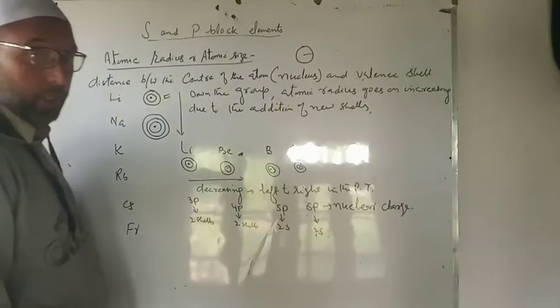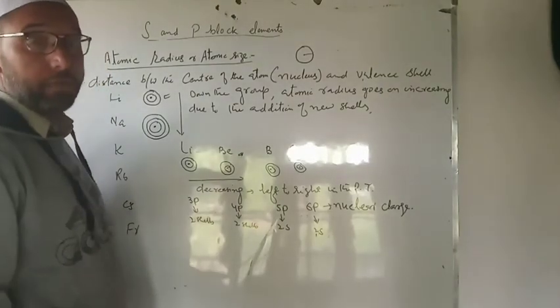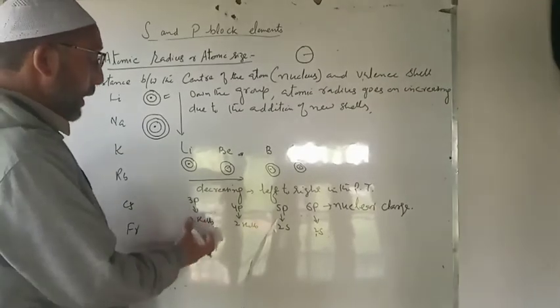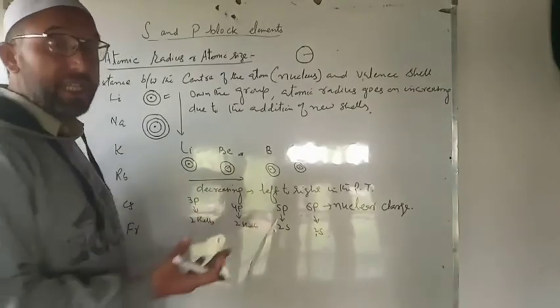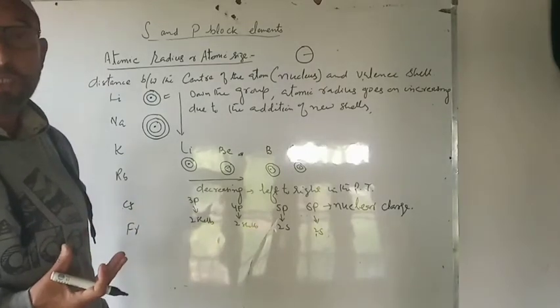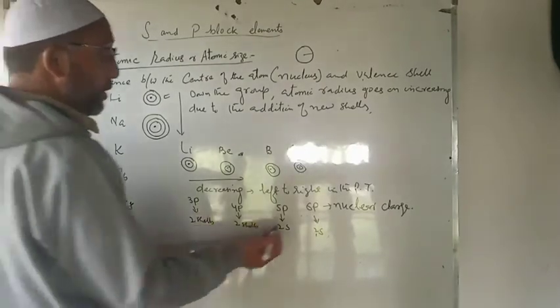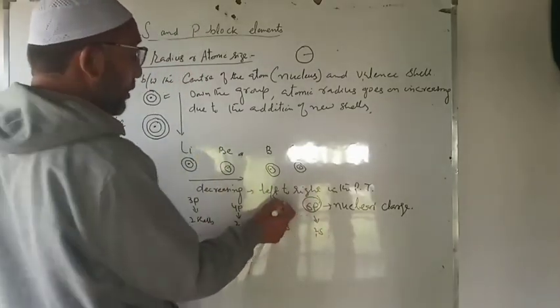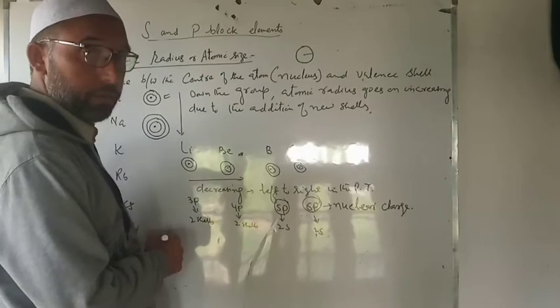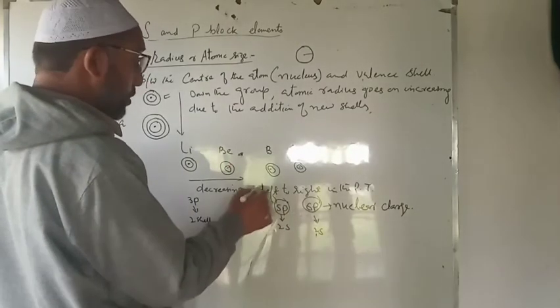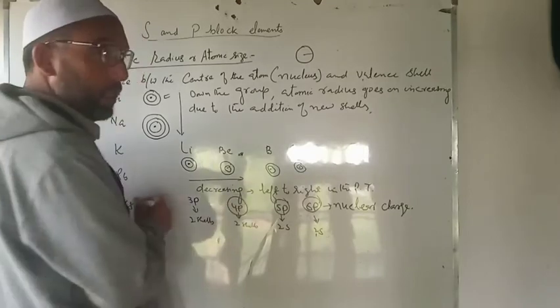So now you can yourself imagine what will happen when we move from left to right. Since the nuclear charge increases, the intensity of nuclear charge increases, and the number of shells remains constant. So 6 protons will attract 2 shells more strongly than 5 protons will do, and these 5 protons will attract 2 shells more strongly than 4 protons will do.